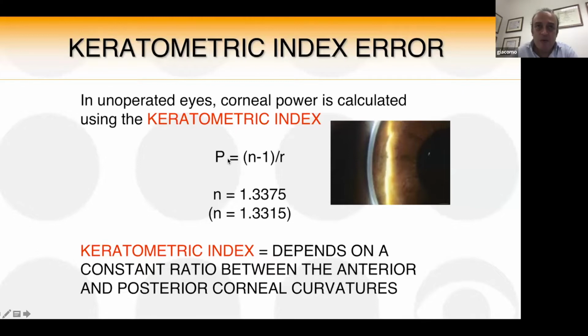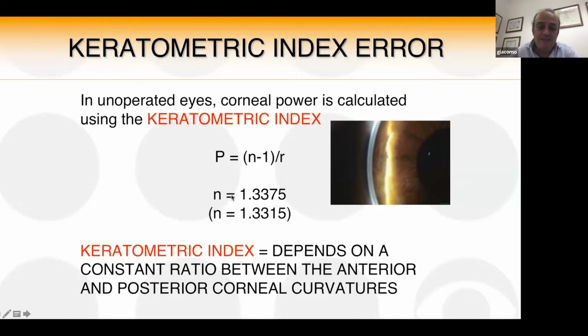It is P, the power of the lens. That means the power of the anterior and posterior surfaces of the cornea is equal to n minus 1, which is the refractive index of air, divided by the radius that we measured with our instrument.